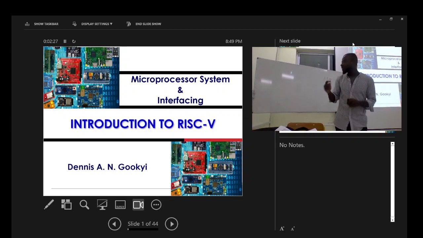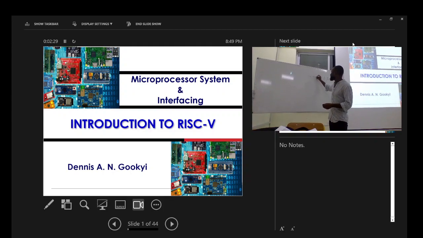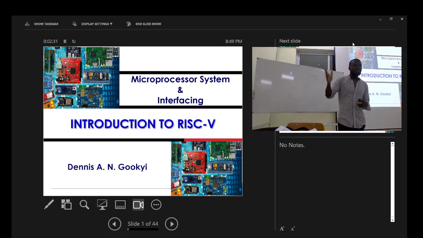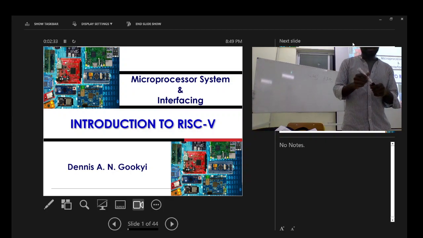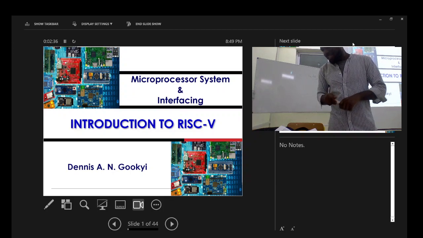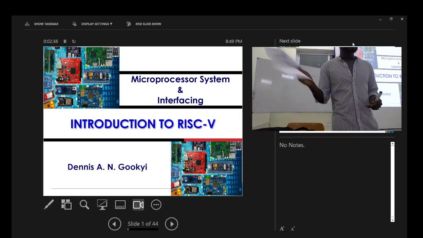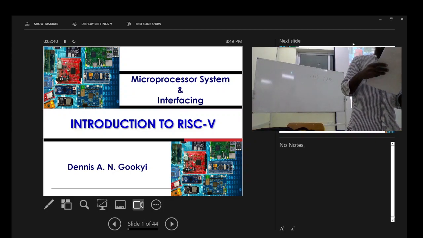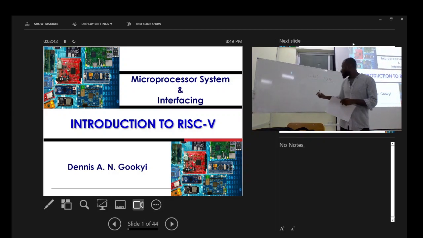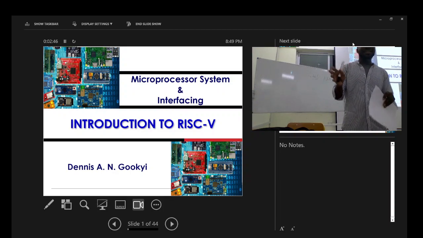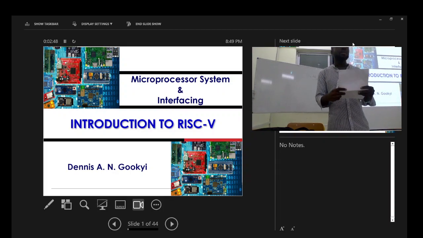So we have Intel. They design CPUs, right? Each CPU has what is known as the instruction set architecture. But for ARM and Intel, these are closed instruction set architectures. It means that you can only study it, but you can't use it for anything.